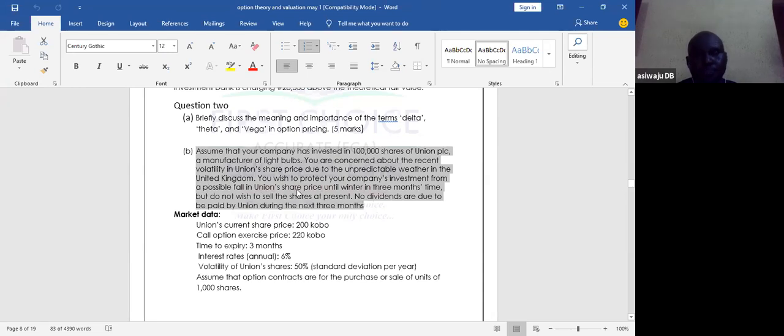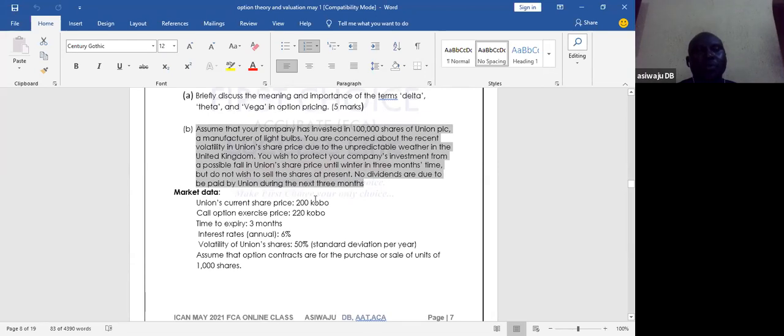You wish to protect your company's investment from a possible fall in share price until winter in 3 months' time, but do not wish to sell the shares at present. No dividends are due to be paid by Union during the next 3 months.